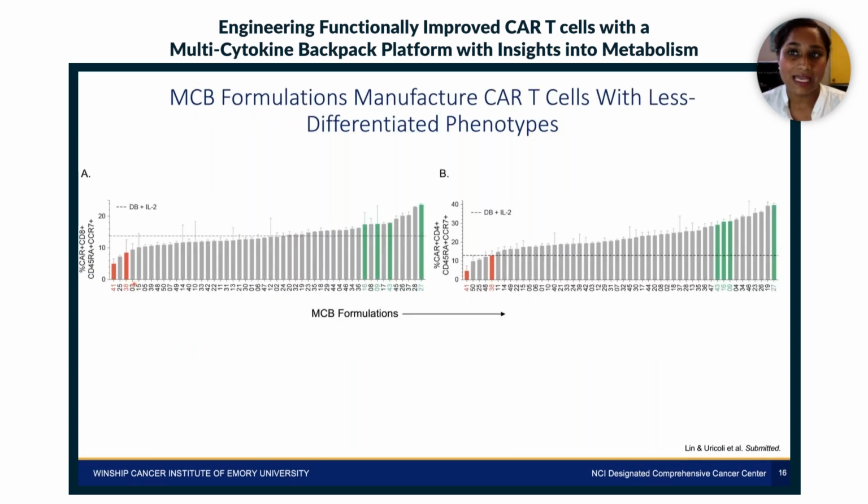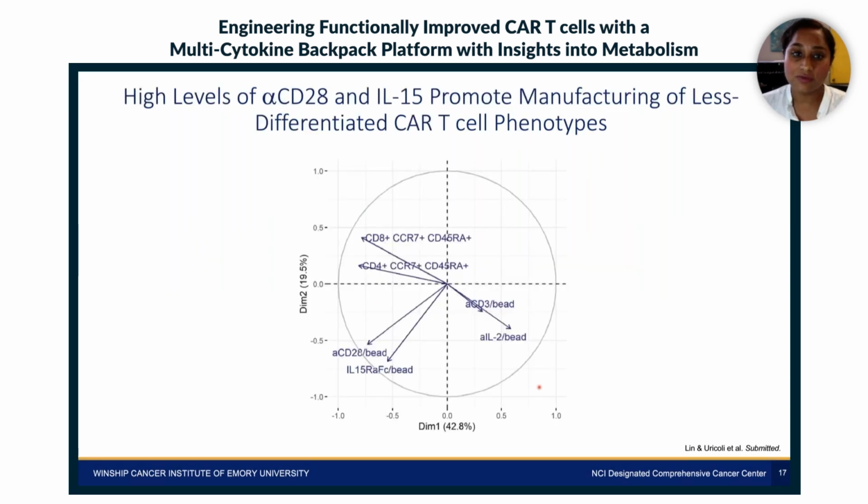Next, if we look at less differentiated phenotypes, we can see that certain formulations have larger percentages of less differentiated T cells in their final product, in both CD8 and CD4 CAR T cells. To further dive into which particles would be the best, we looked at the relationship between which signals were associated with less differentiated CAR T cell phenotypes.